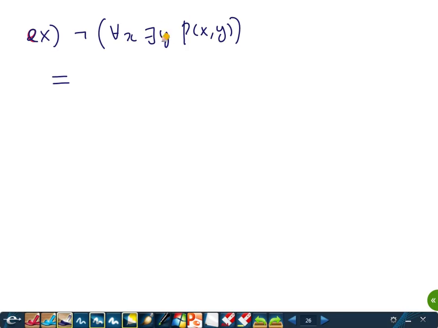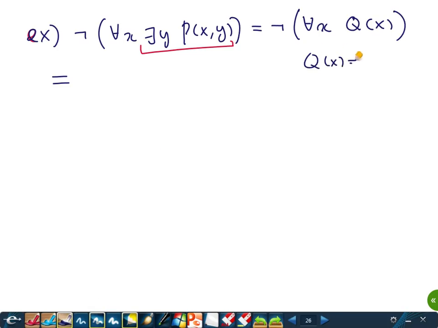You don't have to worry too much about this. This is basically this form, right? Because this is a statement in x. If you say that, then this is a propositional function for x. So it is of this form.